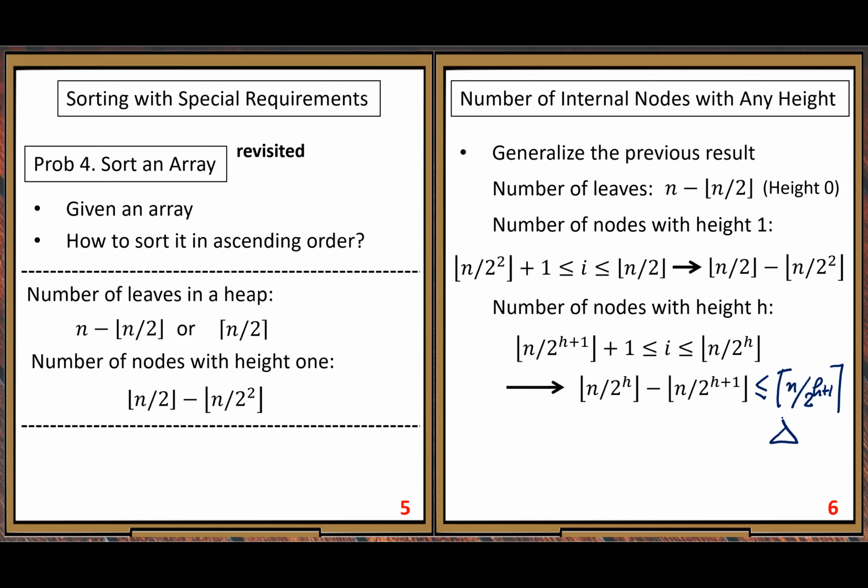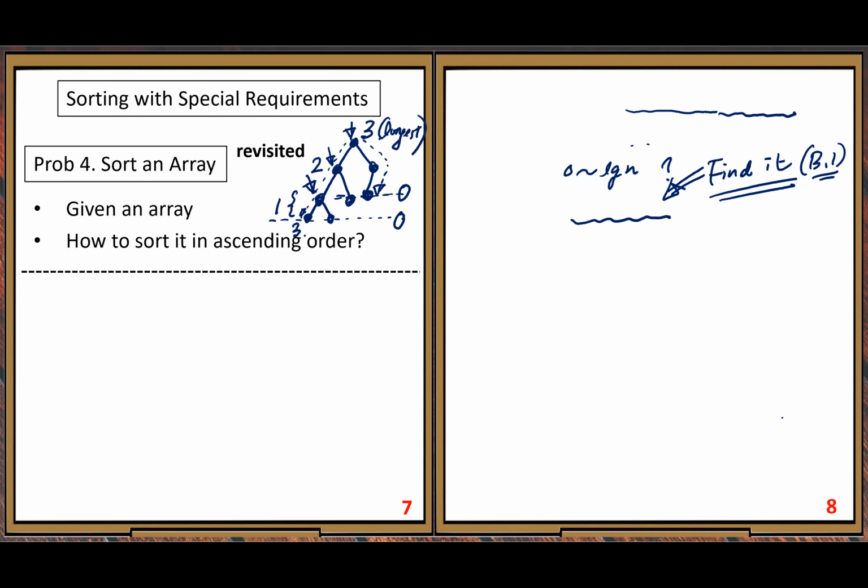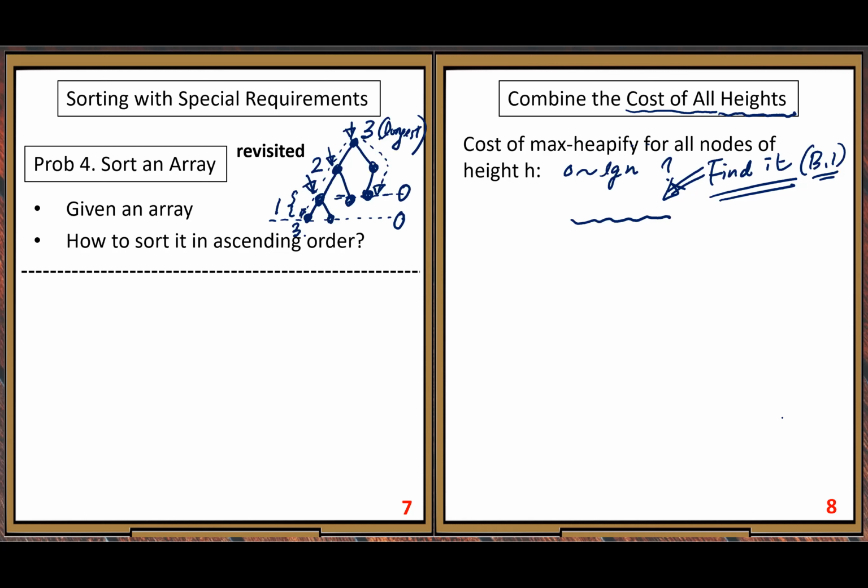All right, B.2, we did a little bit. So here you can see this one. Now we pick it up. That's the upper bound from our previous slide. We estimate the number of nodes with height h. This is an upper bound.